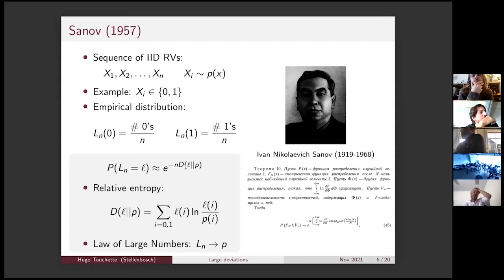And then if you want to get corrections, then you just include corrections to Stirling. You could do this, and you can do this here because you have the exact expression of the distribution, of course. If you study a physical system, then we don't have the distribution. We have methods to get the rate function, but it's very difficult, if not impossible, then to get the corrections. We don't know what the corrections are, but we're not very interested in these corrections anyway.